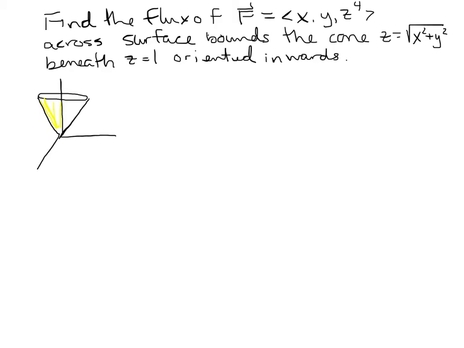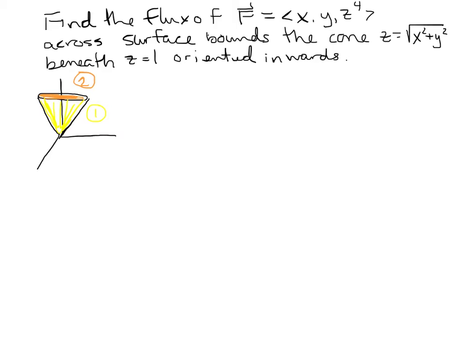The cone itself is one surface, and then we also have the plane. Because we have a solid shape that is bounded, we are going to have to do 2 different surface integrals on this. So you have to read into the problem very carefully to determine exactly how many surface integrals we have. How many surfaces are we looking at?